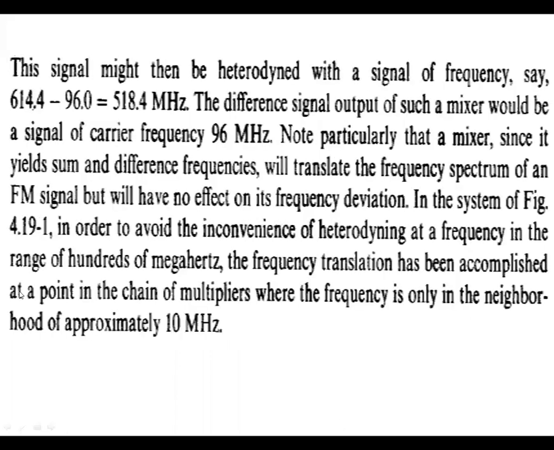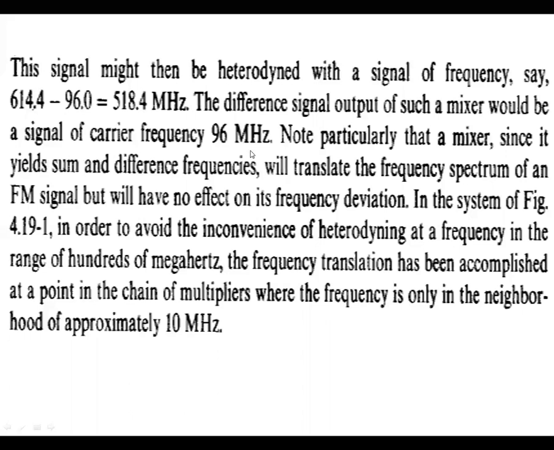Now the signal might then be heterodyned with a signal of frequency 614.4 minus 96, that is 518.4 megahertz. The difference output of such a mixer would be a signal of carrier frequency 96 megahertz.